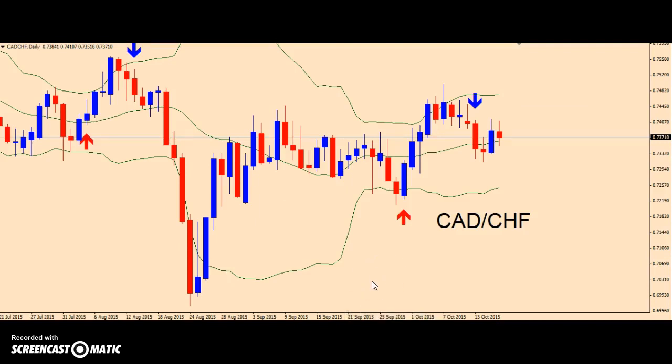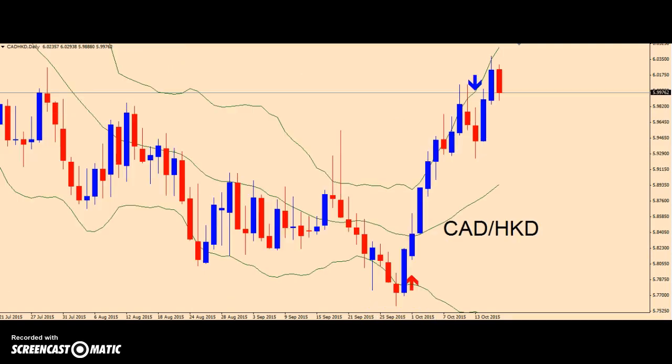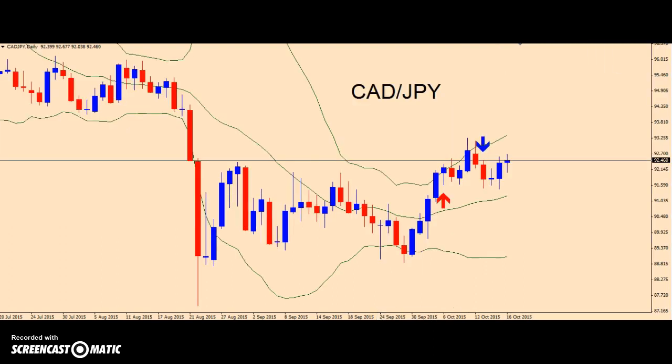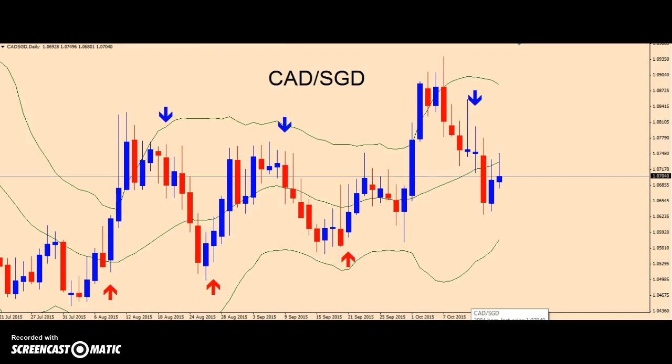Again, in the middle, Bollinger lines are flat, not really telling us anything. Again, nothing. And you can skip through these charts quite quickly in the mornings, during the day, to see where you're at, what's going to happen.